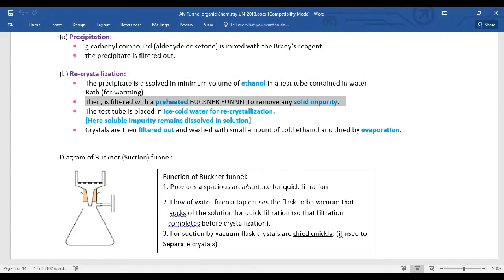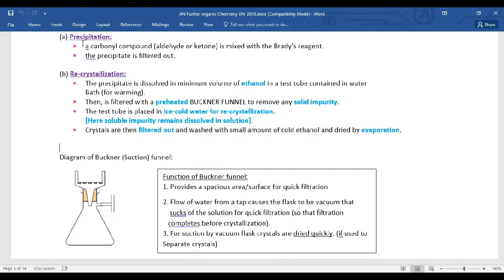This is to remove any solid, insoluble impurity. Then you cool this down for precipitation, crystallization, and filter again. During filtration, you may spray some more solvent to remove any impurities. Okay, so this you get.